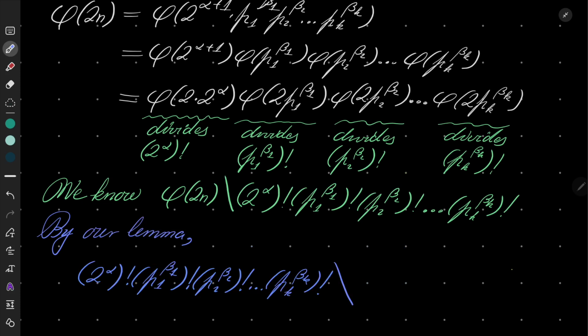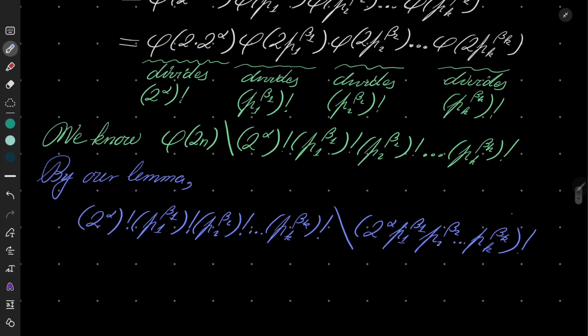So this divides 2 to the power of alpha, p1 to the power beta 1, p2 beta 2, and so on, pk beta k, everything factorial. But look closely. What is that? That is n factorial.